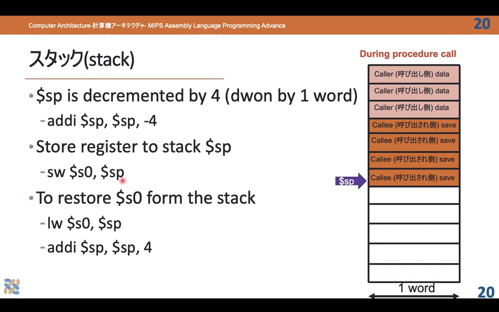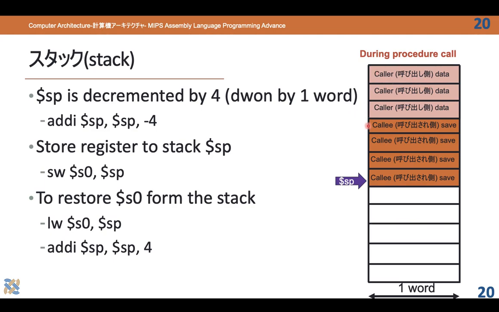Now you can use the register S0 in your local procedure. Once your local procedure is finished, you save your return value to the corresponding V register, then restore your register, and then adjust the stack pointer to go back. Look at the example here.